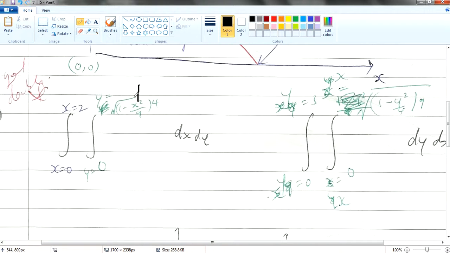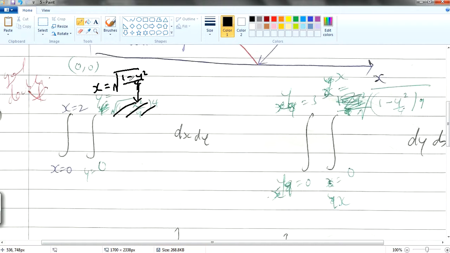I think x equals this thing, 1 minus y squared over 4, instead of x squared. You see why?